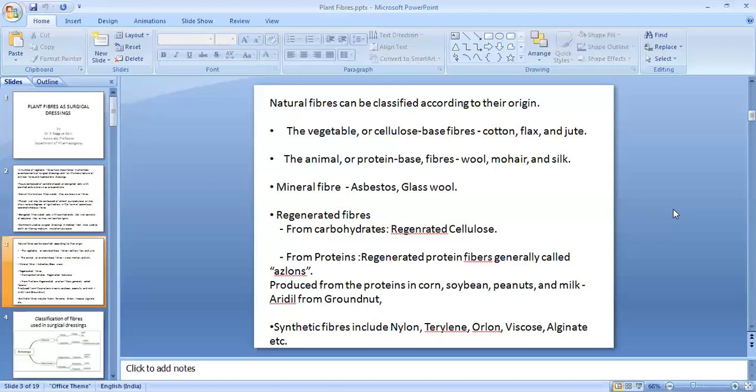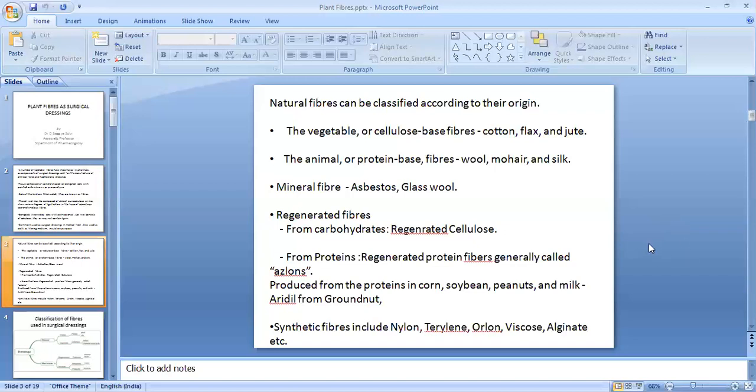So these are all the semi-synthetic or regenerated fibers. The examples of synthetic fibers include nylon, terylene, orlon, alginate, etc. So these are the various classifications of fibers.